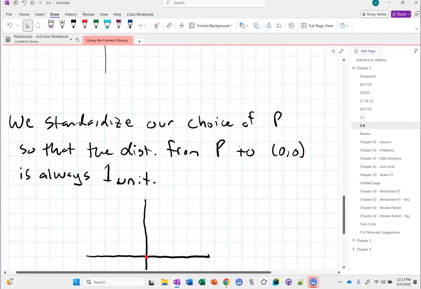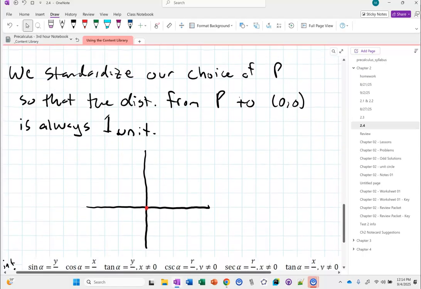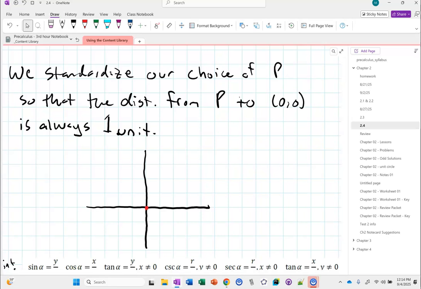Okay. The way we do that, we're going to standardize our choice of P so that the distance from P to the origin is always 1 unit. Always 1 unit. If I pick my point P, some x comma y, and if that's 1 unit from the origin, the r is 1.